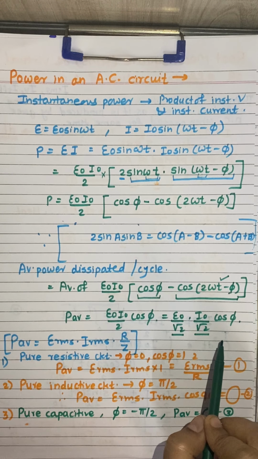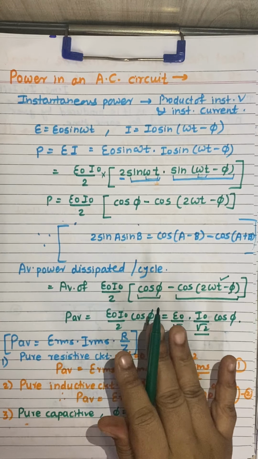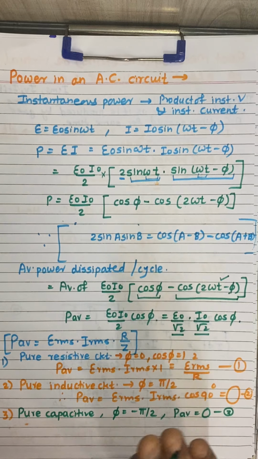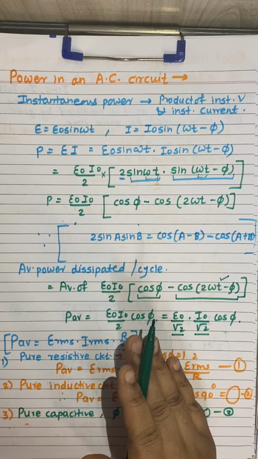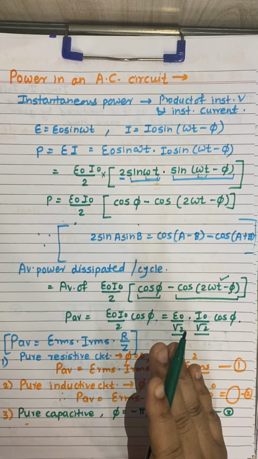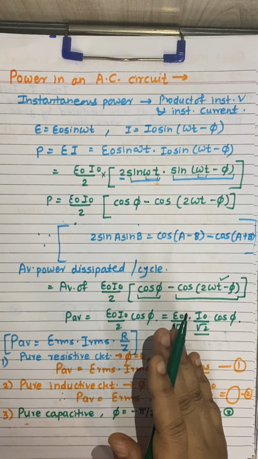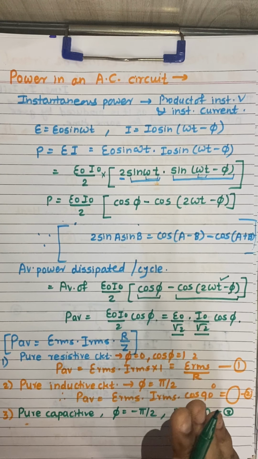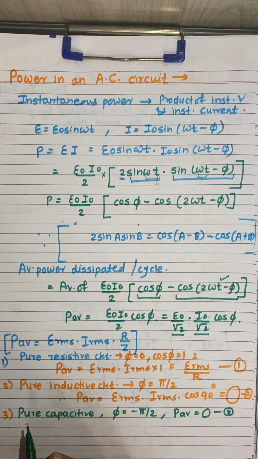So power consumed in such a circuit is only in the resistor R, because in the series LCR circuit L is there, C is there and R is there, but the major power dissipated is only due to the resistor, because for the inductor over the complete cycle power is 0, and for the capacitor over the complete cycle power dissipation is 0.